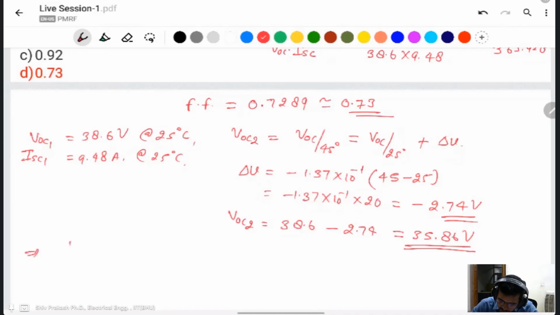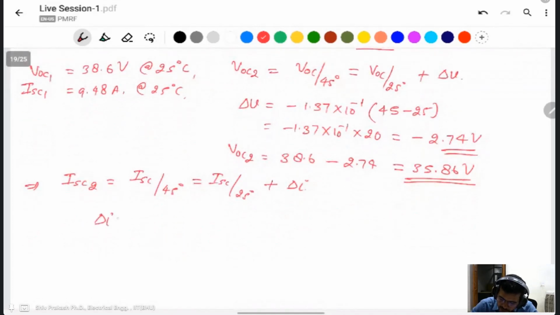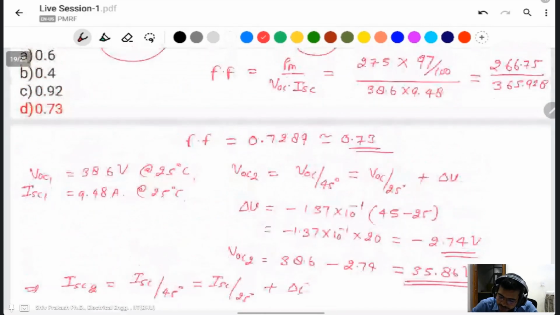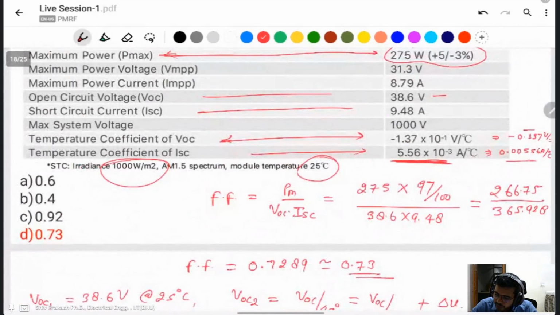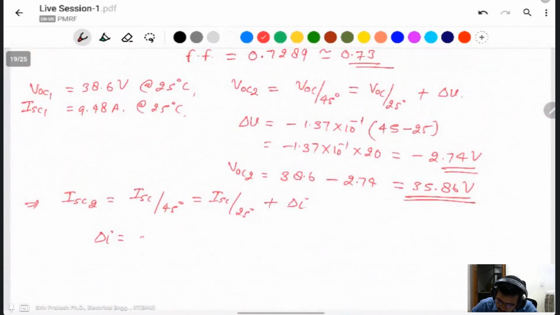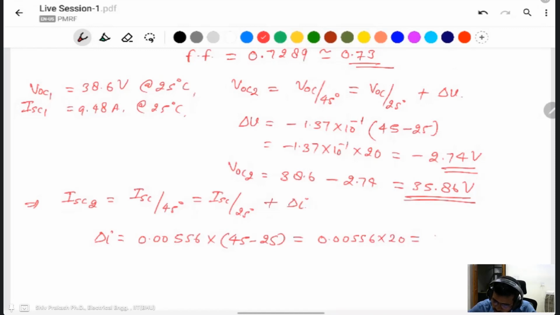The same is applied for the short circuit current. ISC2, the short circuit current at 45 degree centigrade, is equal to the short circuit current at 25 degree centigrade plus delta I. So what will be delta I? Same thing, the temperature coefficient of current, 0.00556 ampere per degree centigrade, times the temperature change, gives 0.11 ampere increase.